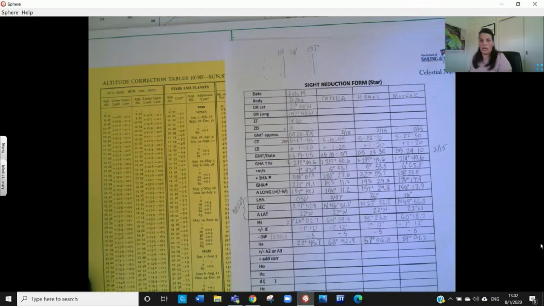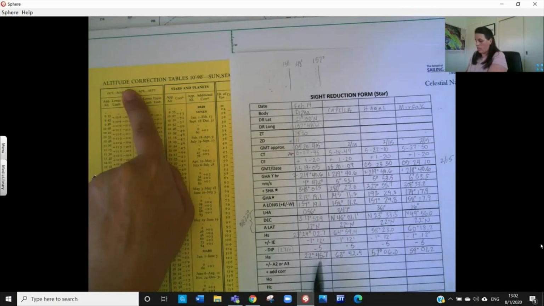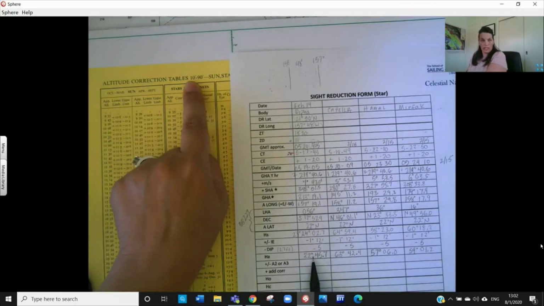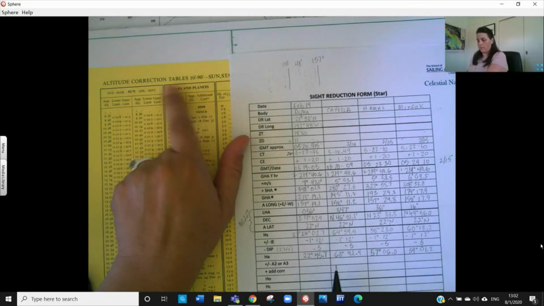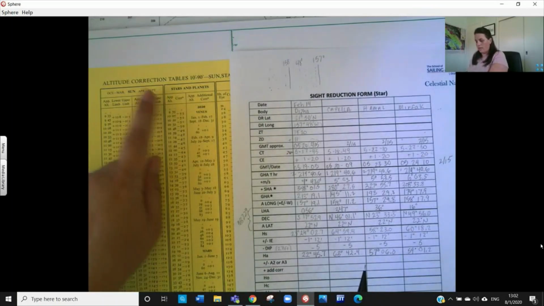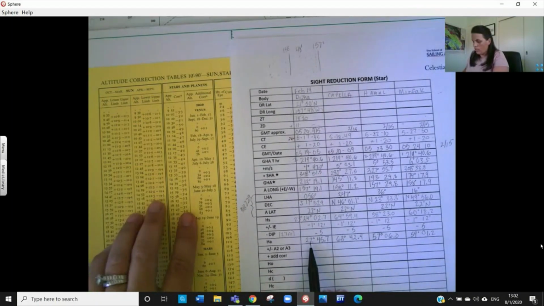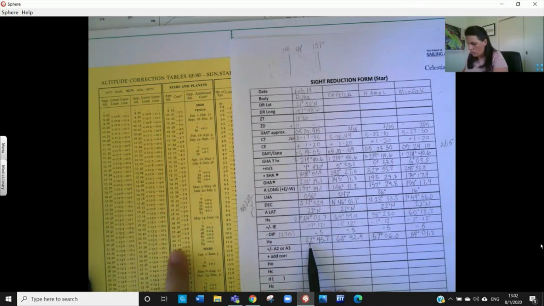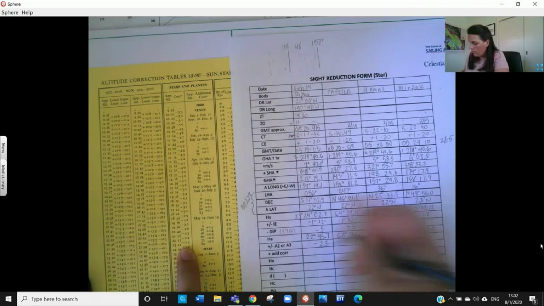For my A2 corrections, they are all in between 10 and 90 degrees, so I won't have to use the A3. I'm going to be on this table. For stars and planets, I have my apparent altitude and then my correction. My apparent altitude here was 22°45', so I have a correction of minus 2.3.